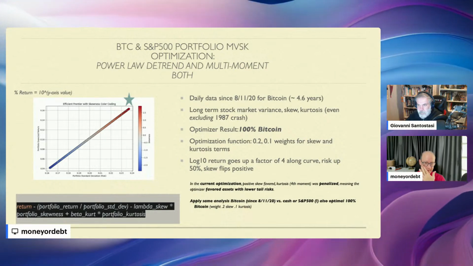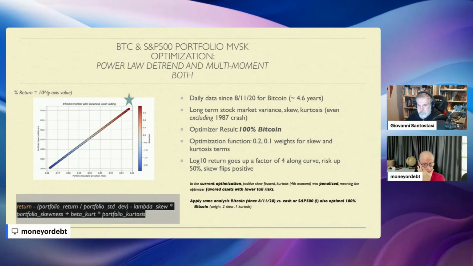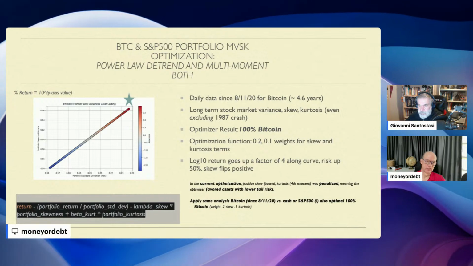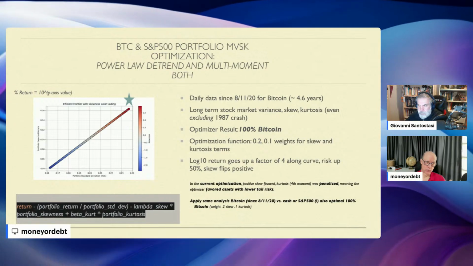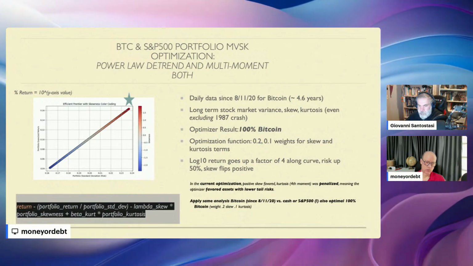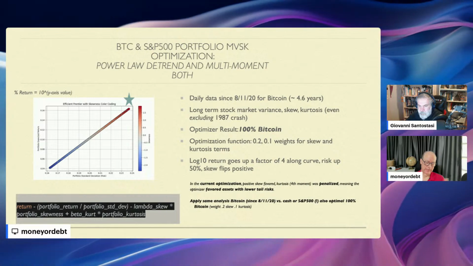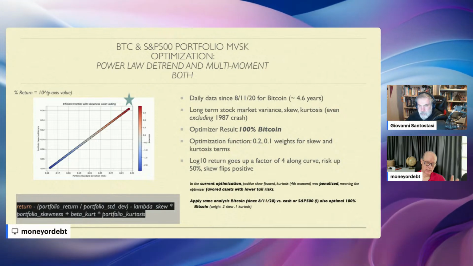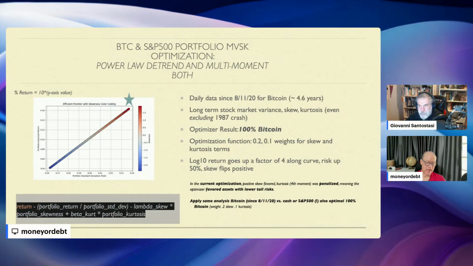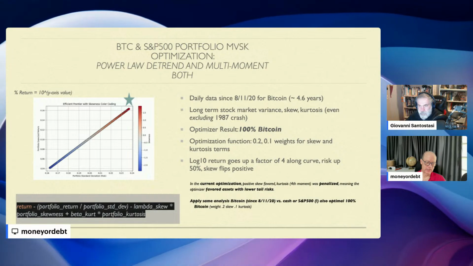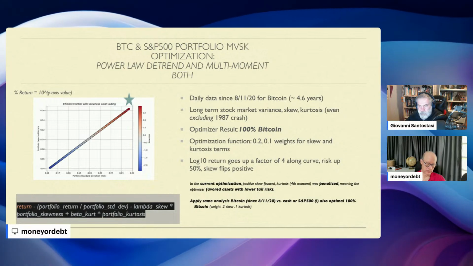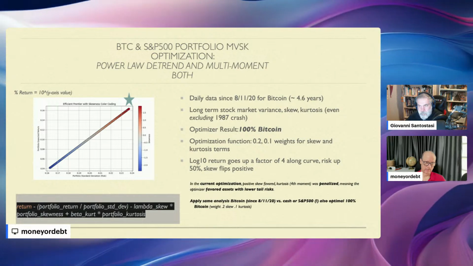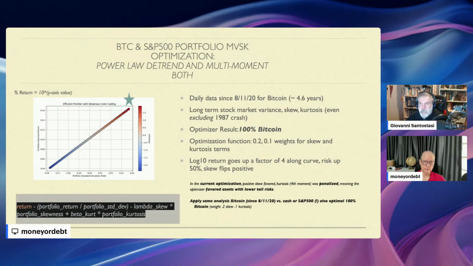For the S&P, I'm using the long-term stock market variance, skew, and kurtosis from that 20-year period that other study did. But I'm not using it for Bitcoin because the volatility has come down so much. So I ended up using the same data set as I used in the comparison to MSTR. So it's about a 4.5-year data set that reflects the lower volatility.